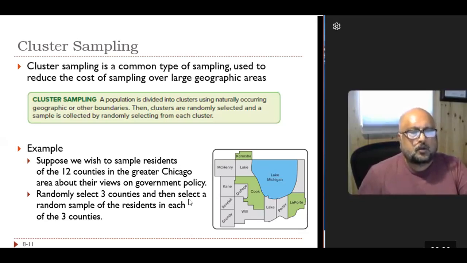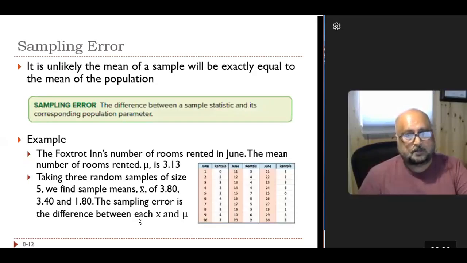Here's an example. Suppose we wish to sample residents of 12 counties in the greater Chicago area about their views on government policy. Randomly select 3 counties and then select a random sample of the residents in each of these 3 counties. Okay, let's see how we do that.